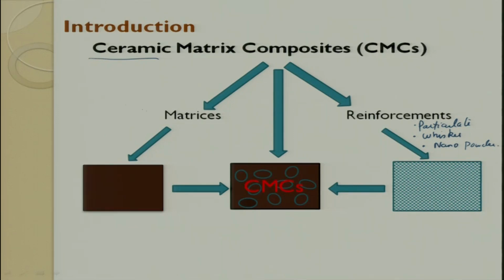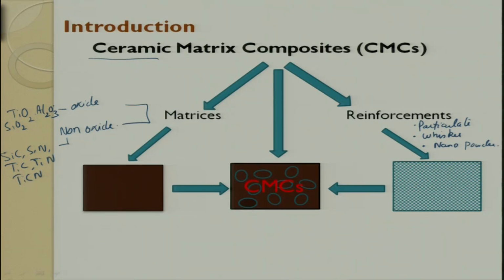The matrix can be of two types, it can be oxide and it can be non-oxide. When I talk about oxide, it is TiO2, Al2O3, SiO2, all these things can be there. When I talk about non-oxides, it can be SiC, SiN, TiC, TiN, TiCN.